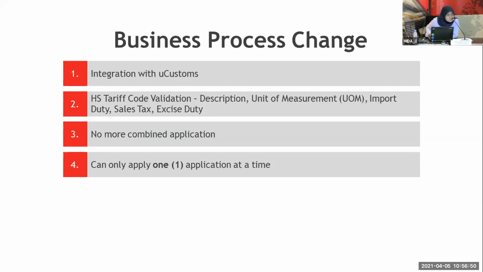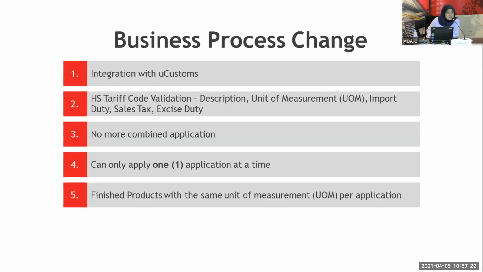The additional quantity application must be completed first, then only can you create the amendment application. So this is what we meant by can only apply one application at a time. You have to complete that one application end-to-end until completed, then only can you create another application. We have logic for that, so you will notice that the system does not allow this scenario. That is the fourth change.